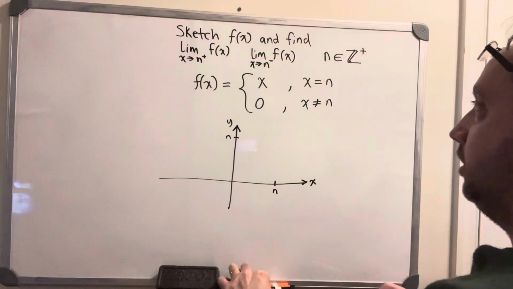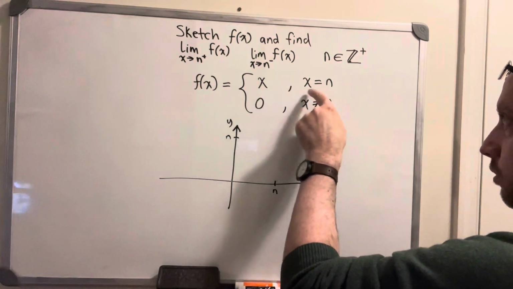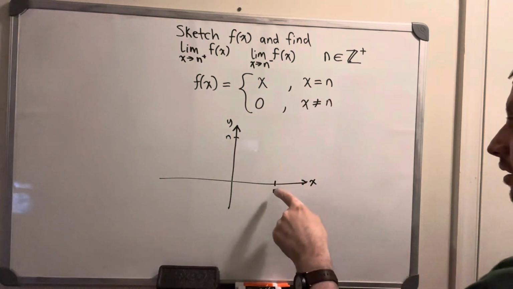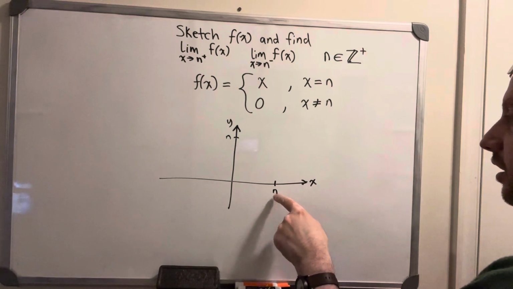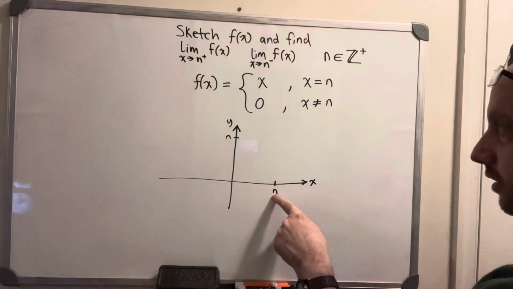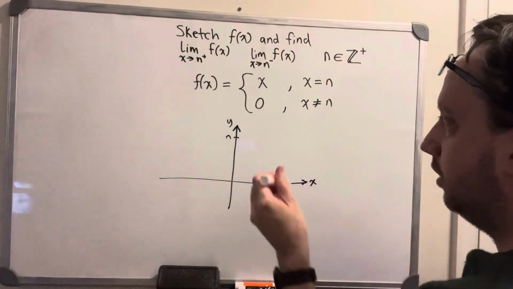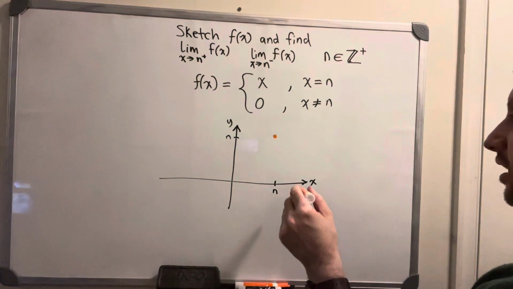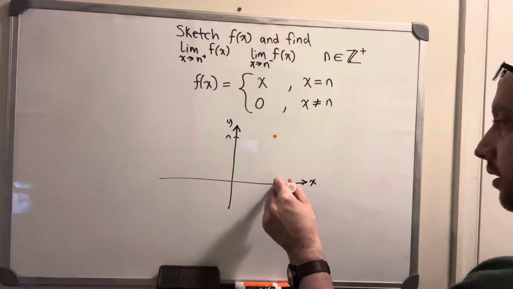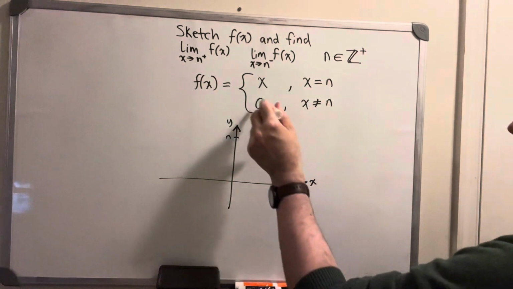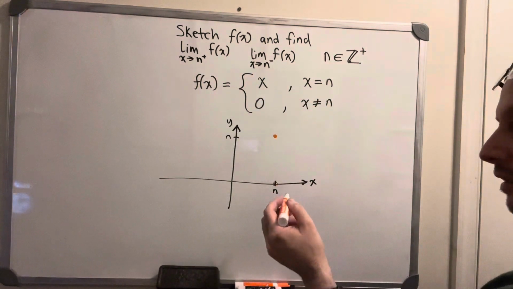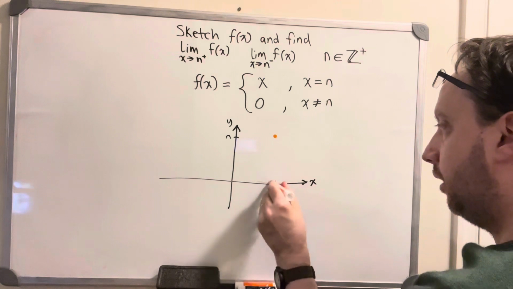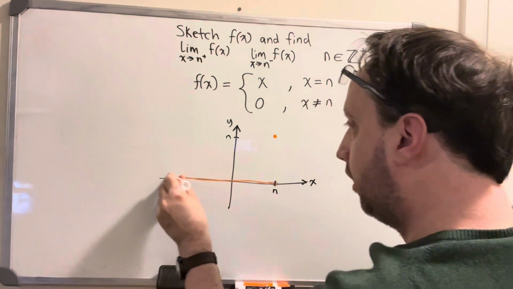So what does it say here? That f of x is equal to x when x is n. So here's n. At this value, the function's value is n, just at that one point right there. And everywhere else, I'll put an empty dot. The function's value is 0. So we can sketch it by just drawing like that.